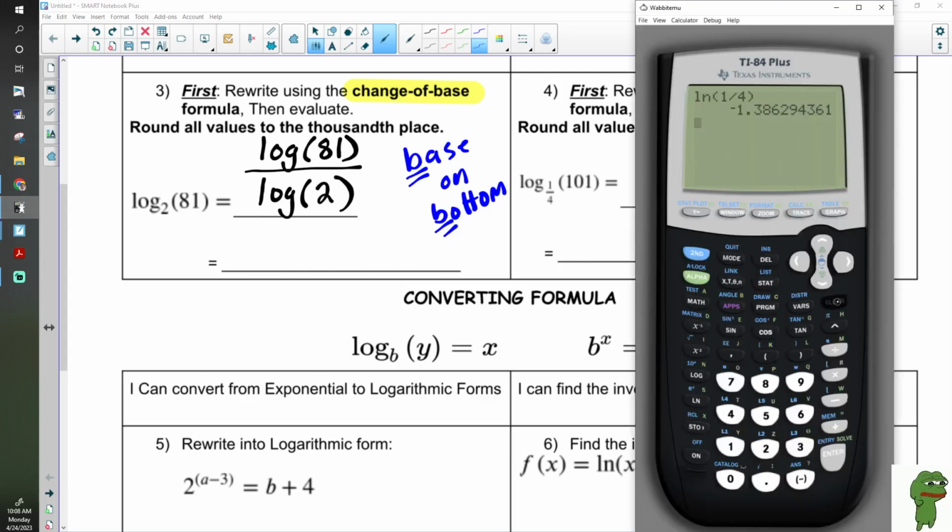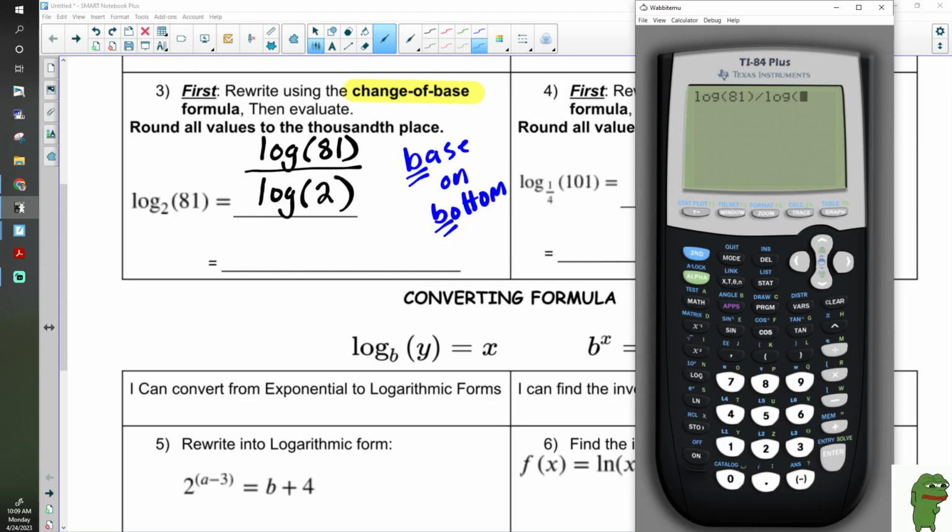So, if I'm typing this in, I'm typing log 81, and yes, this is the scenario where if you do not close these parentheses, you will not get the right answer, because you have to tell your calculator to stop the log before you divide. I thought you pressed log. That's another way.